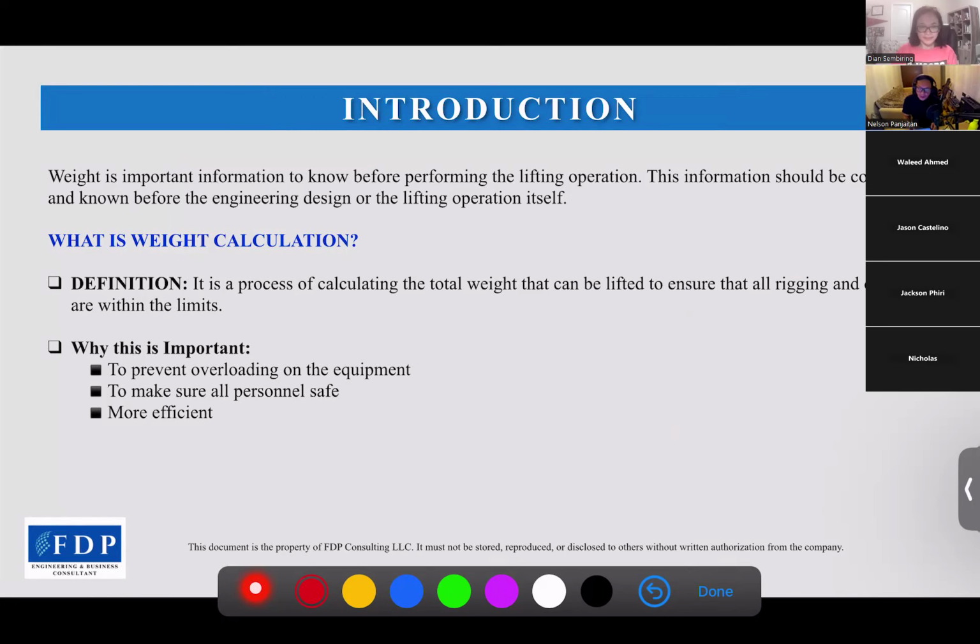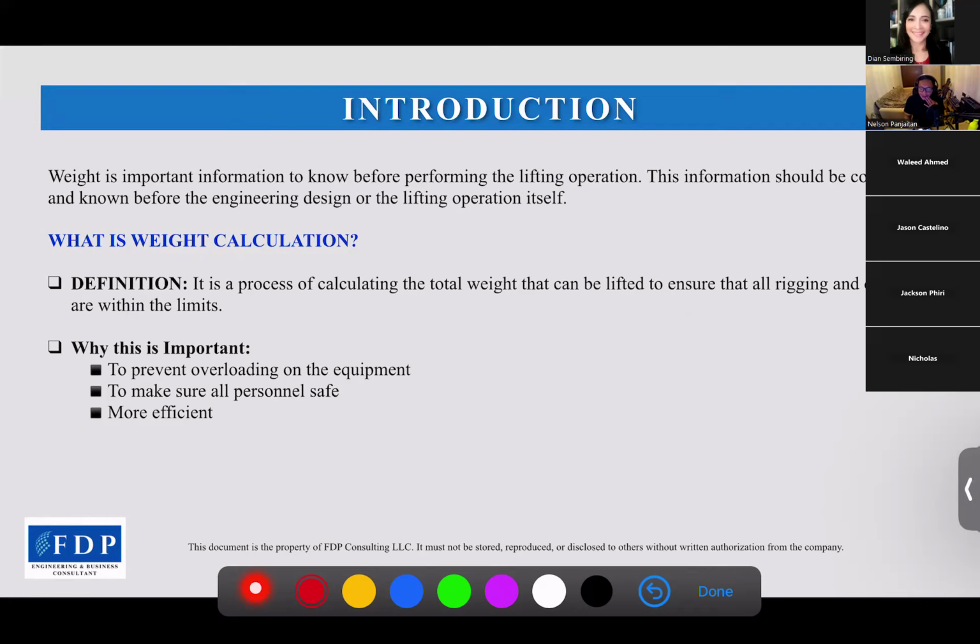Why? For example, we have a 10 tons structure to be lifted. We can easily use, for example, a 10 tons crane to lift the object. Is it safe? Yes, it is safe. But is it efficient? That's the problem.